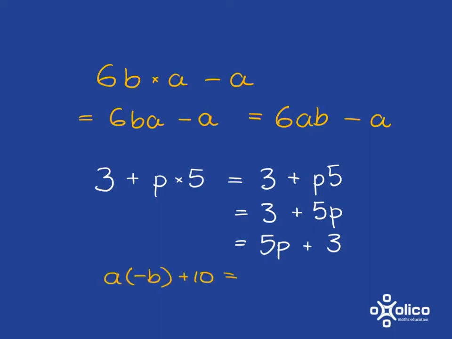If you have something like this, where you've got a with negative b in brackets, what you mean is a multiplied by negative b. And you can actually write that more nicely as you've just got a times b and it has to be negative. And so it will be nicely written as negative ab plus 10.